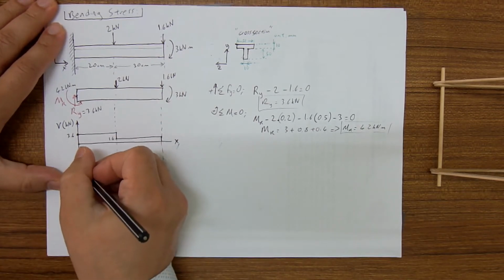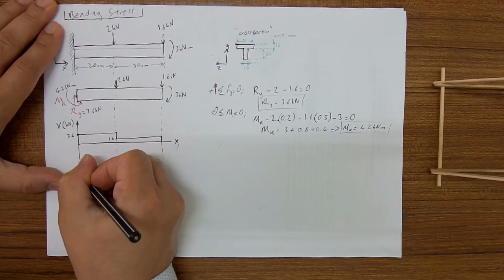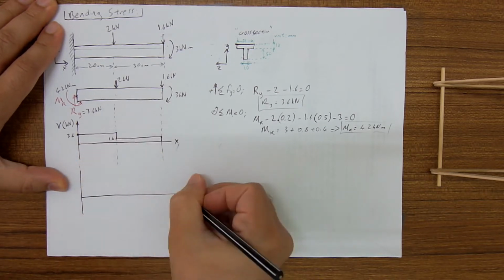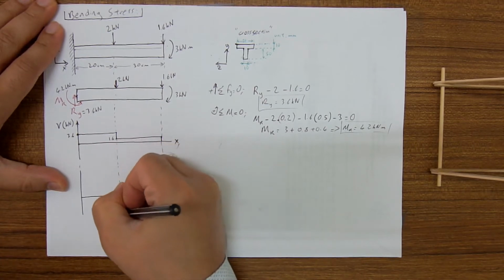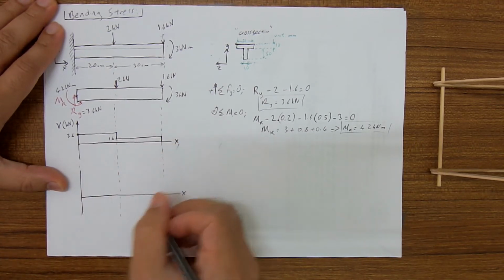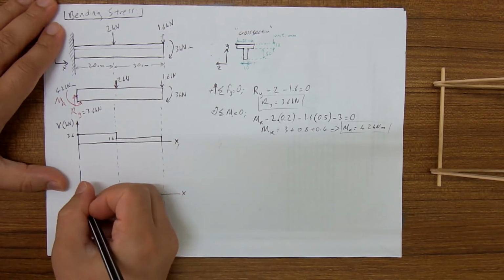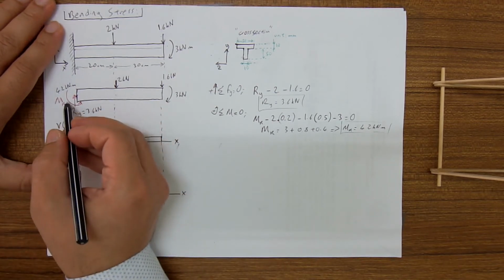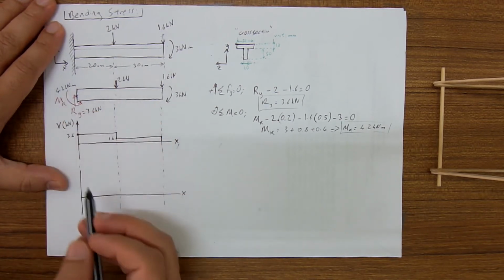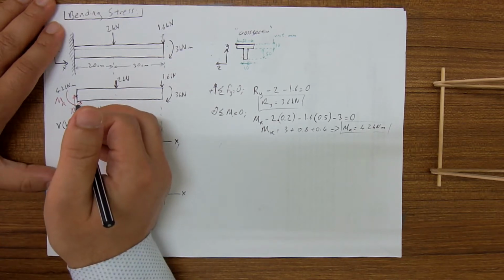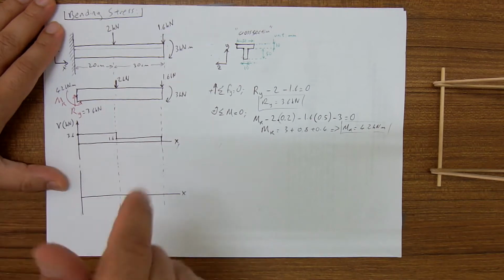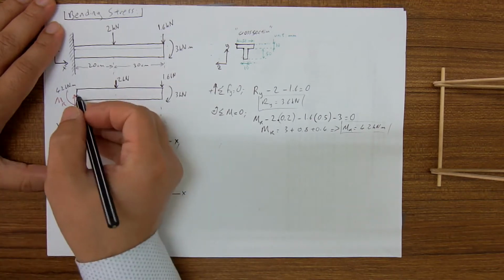Next, the moment diagram. Again, we plot the discontinuities and then start with the values. There is Mr here, 4.2 kN. It is in positive direction, but it causes negative direction internally.